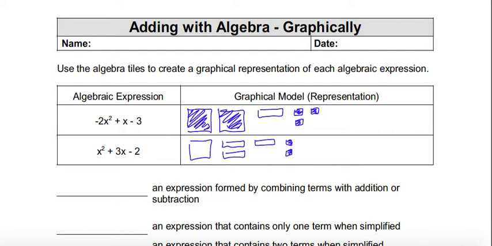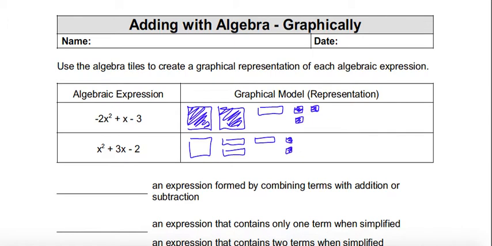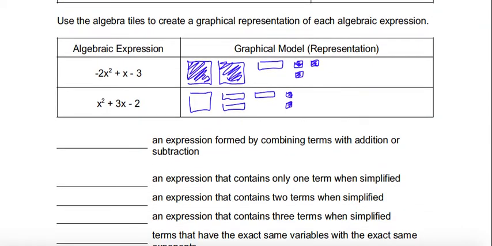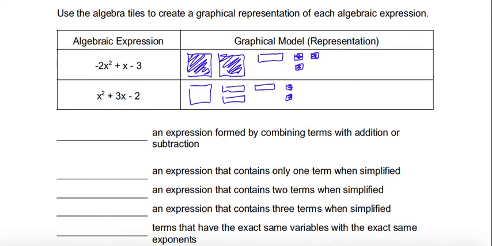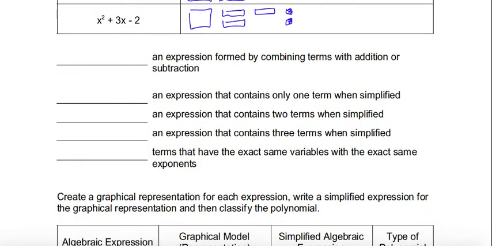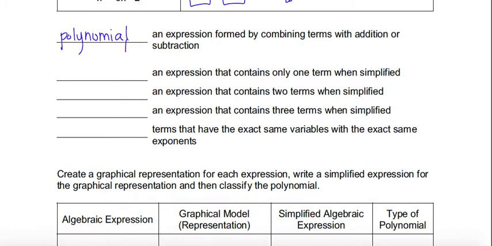We're going to take a look at some terminology, so it's important to know some definitions as we progress throughout this unit. So we're going to take a look at using some values and some terms to express our expressions in a mathematical way. So what you need to know first of all is that a polynomial is an expression formed by combining terms with addition or subtraction signs.